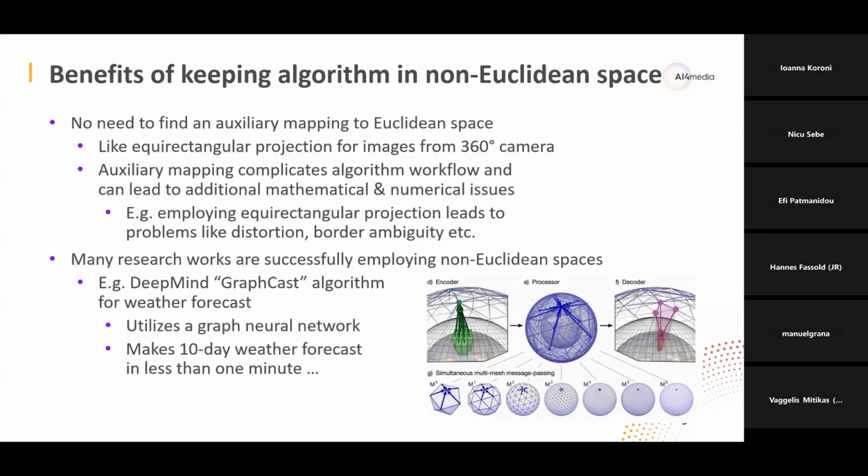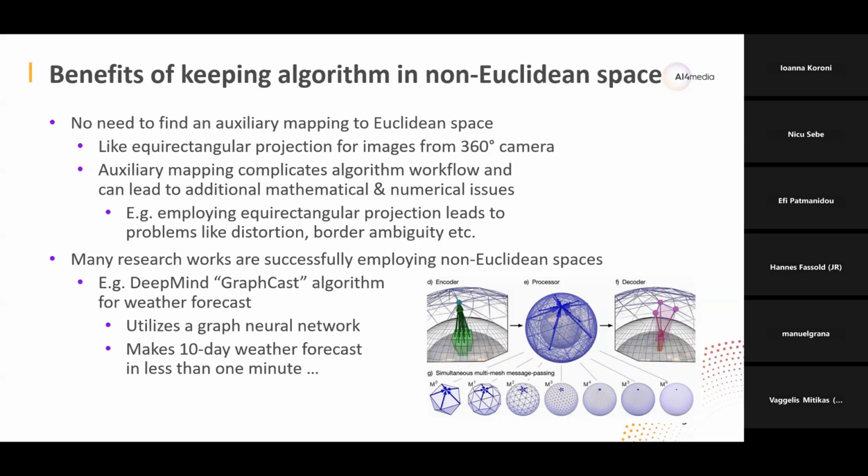For example, as mentioned, for images from 360 cameras, you usually have this mapping via the equirectangular projection. This artificial mapping complicates the algorithm workflow, and it usually leads to additional mathematical and numerical issues, and also introduces new issues with it.